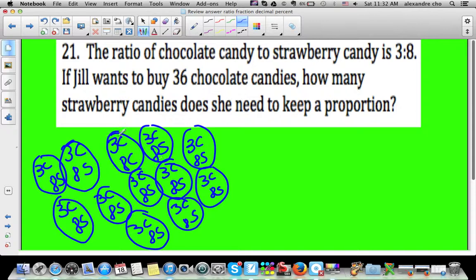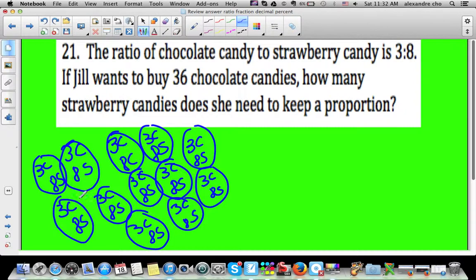Now, what happens when I have 36 chocolates? I'm going to have 8, 16, 24, 32, 40, 48, 54, 60, 68, 76, 84, 92.